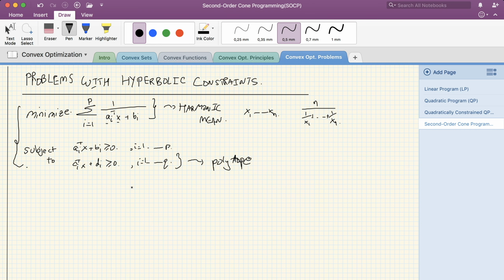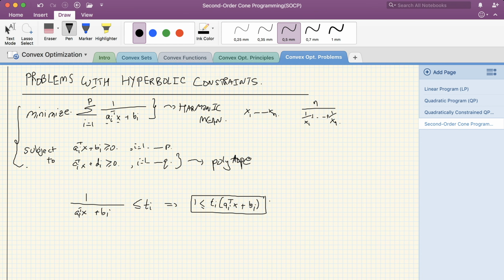We can, as we did before, introduce some variables that will linearize my cost. That is, we can bound 1 over a_i transpose x plus b_i to be less than t_i. That is, 1 is less than t_i times a_i transpose x plus b_i.